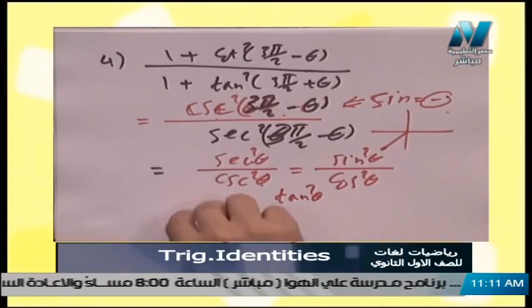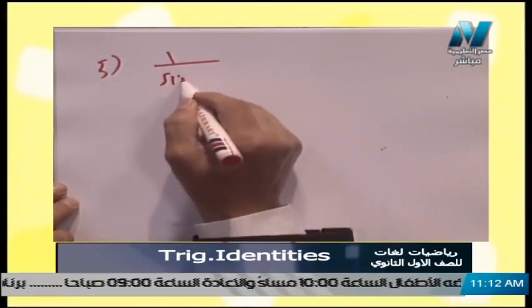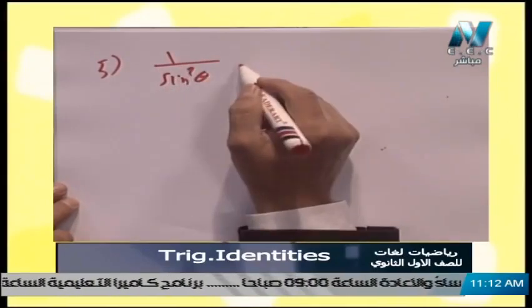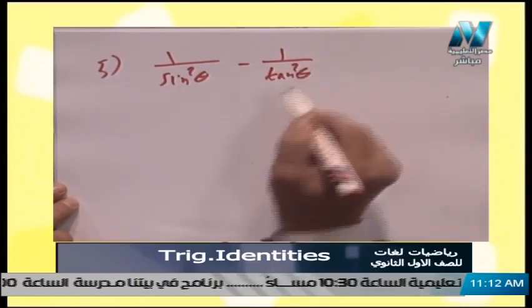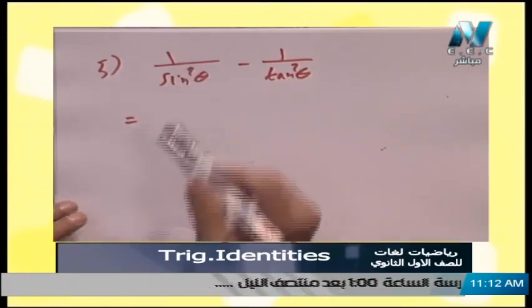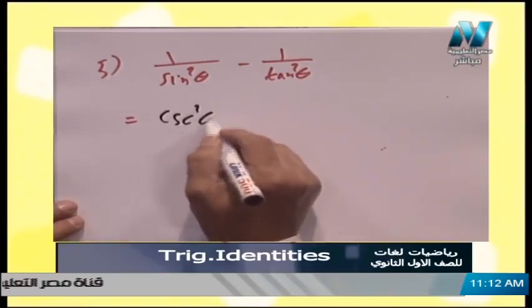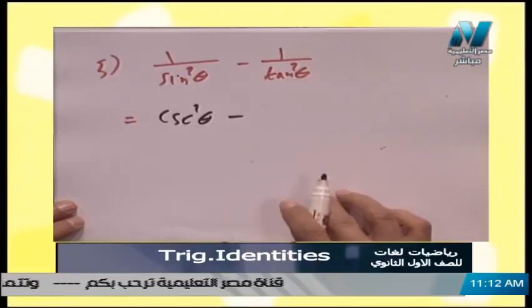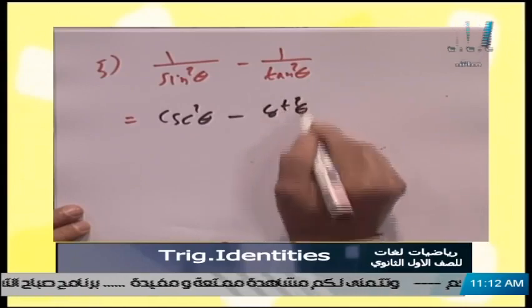Let's move to another equation to simplify: 1 over sine power 2 theta minus 1 over tan power 2 theta. We can write 1 over sine power 2 theta as cosec power 2 theta, and 1 over tan power 2 theta is cotan power 2 theta.